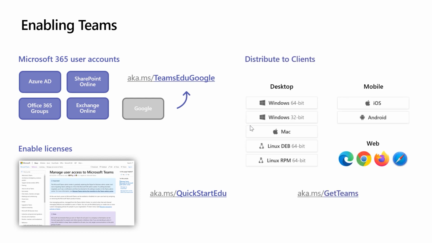Now, the next part, which is also important, is distributing it to clients, to your students. And we put a lot of time and effort in making sure that the functionality is not just available on the Windows desktops. We also support Mac, and we also support Linux if you want to use a desktop version. If neither of these 3 are available to you, keep in mind that we also have a web client, both on Edge, Chrome, Safari, and on Firefox.